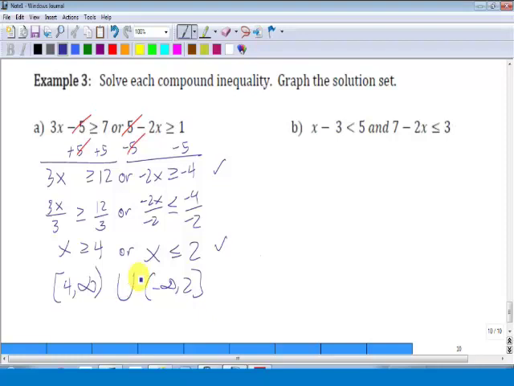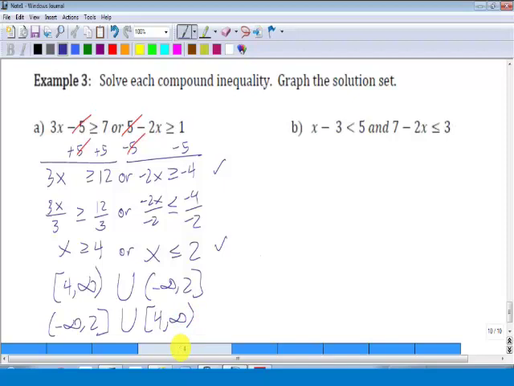Once I write the intervals, I'm going to change from the "or" to the union of these two intervals. And it would be okay to leave the final answer like this. I think a slightly better way to do it would be to write the interval that actually appears on the left on the number line, put that on the left, and the one that actually appears on the right on the number line, and put that on the right.